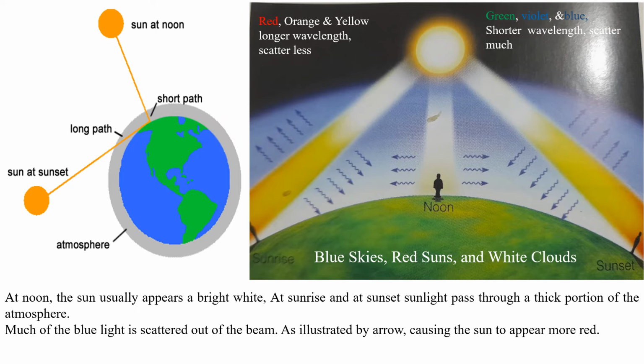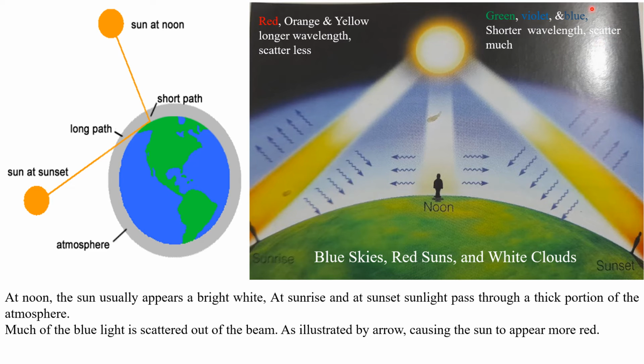So, in a nutshell, red, orange, and yellow have longer wavelengths, and this means they scatter a lesser amount during their pass through the atmosphere. The green, violet, and blue shorter wavelengths scatter much more.